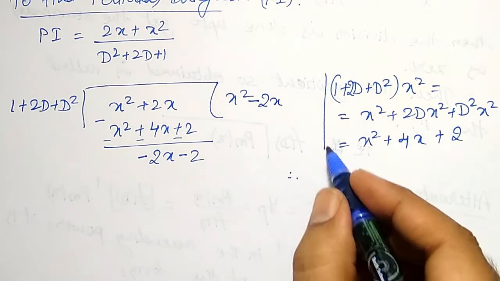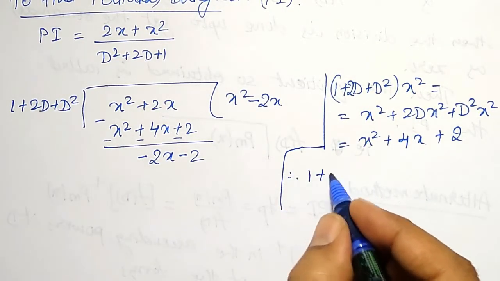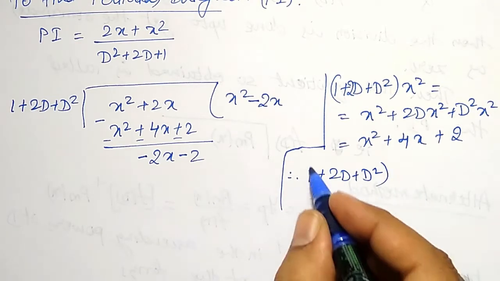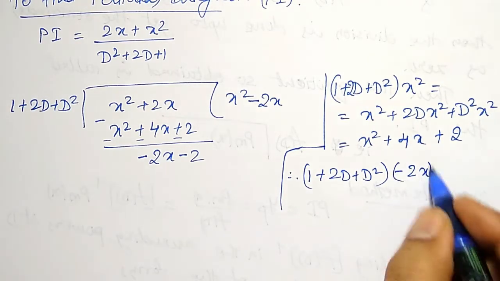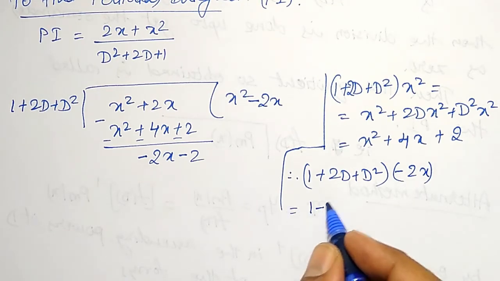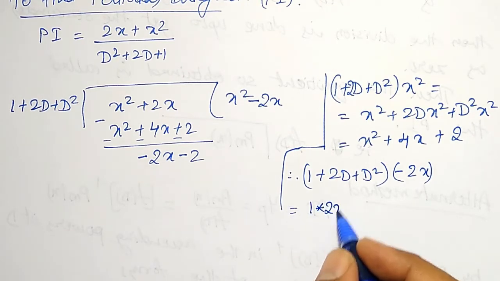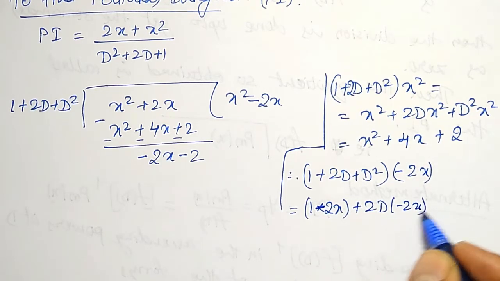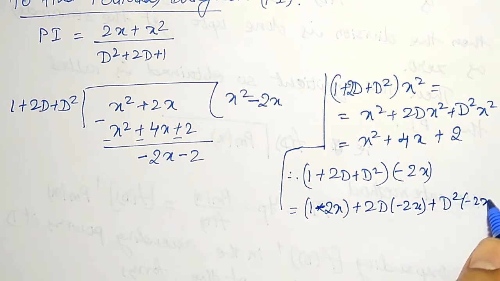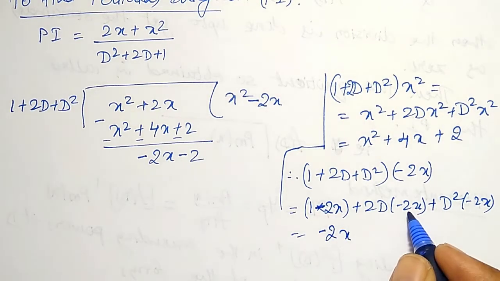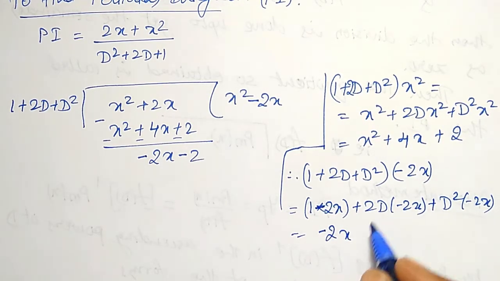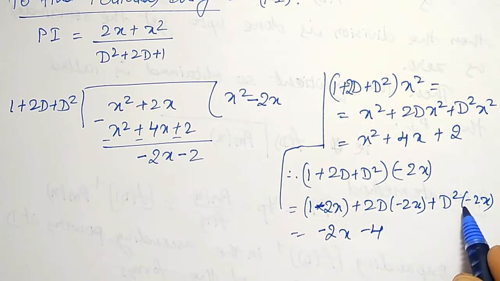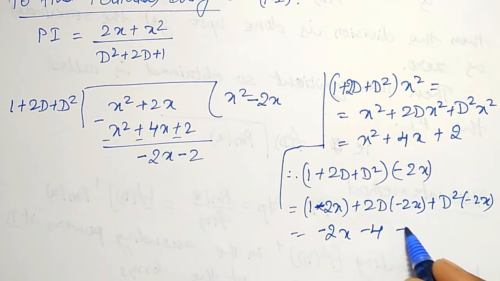So (1 plus 2d plus d square) into minus 2x: 1 into minus 2x is minus 2x, then 2d into minus 2x, where the differential of x is 1, gives minus 2 into 2, minus 4, and d square into minus 2x, the second derivative of 2x, will become 0.